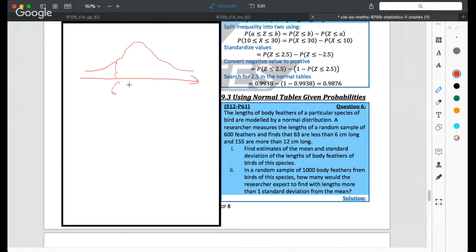So if this is 6 and this is 12, the area of this part is 63 over 600. And the area of the part beyond 12 is 155 over 600.